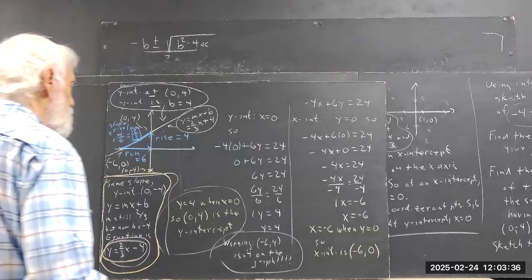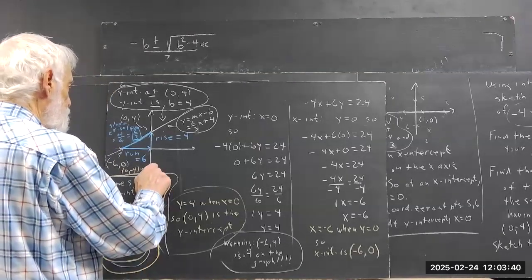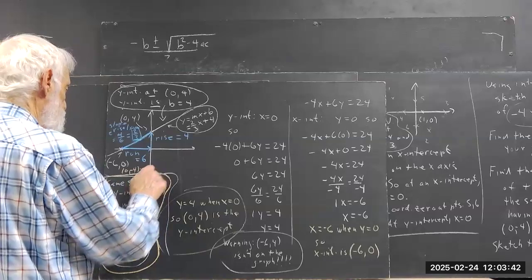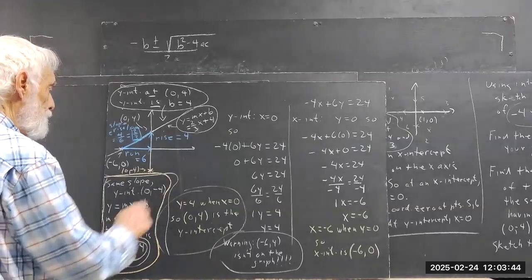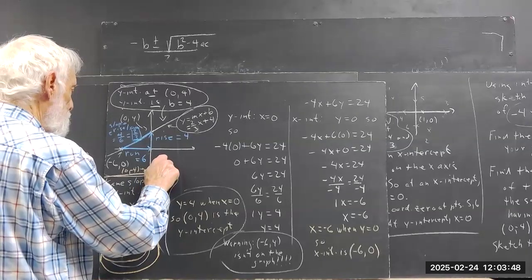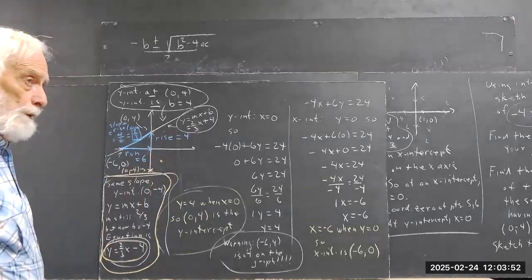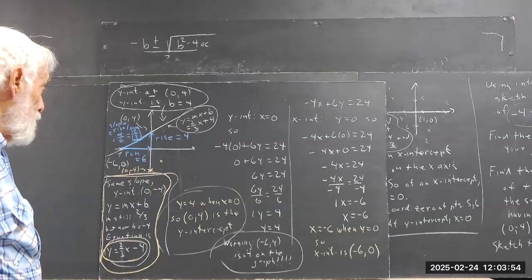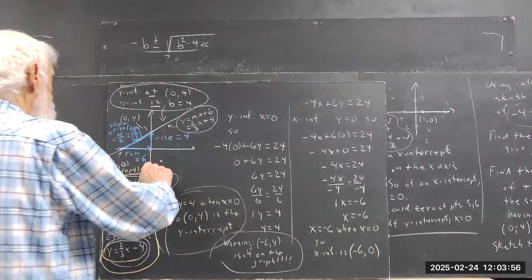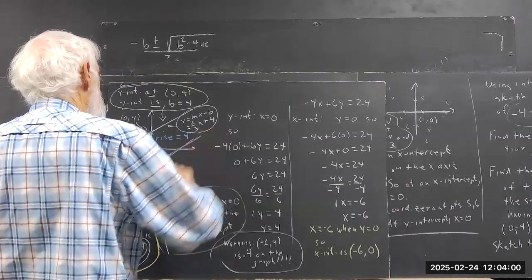Okay, that means you get another point on the line. You can move over 3 units. That's the run of 3. So I move over 3 units and up 2. Okay, and then I could sketch a line through these points.